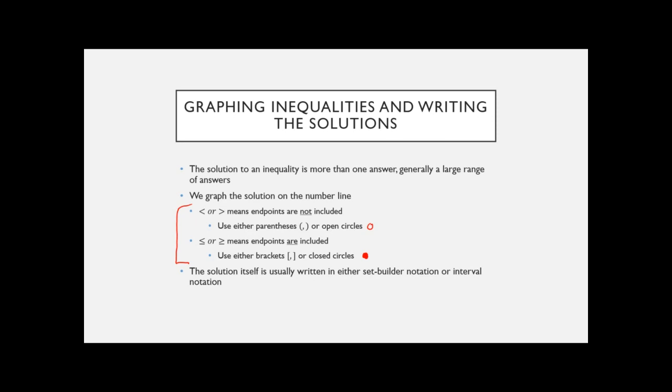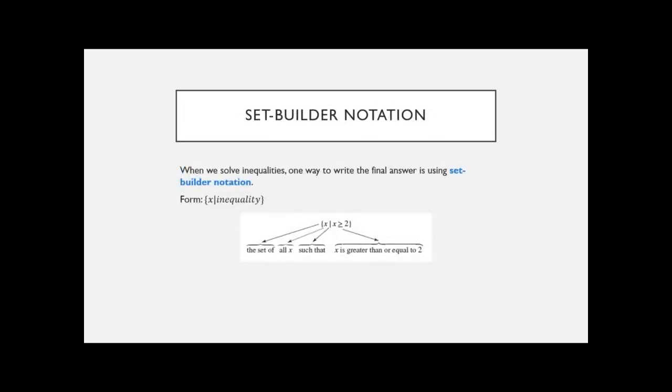But we'll start with set-builder notation because that's the easiest type of notation. So it's good to know, when it says set-builder notation, you need to know what it means. We've got this form where you have a curly brace, and then you've got your variable.